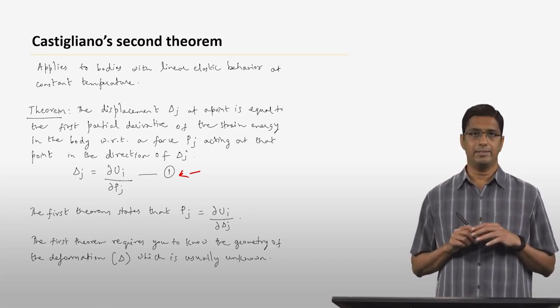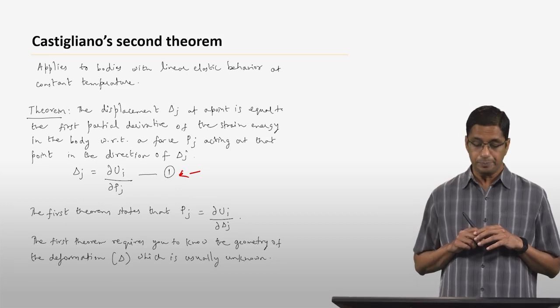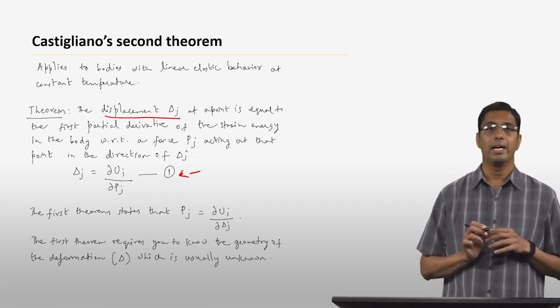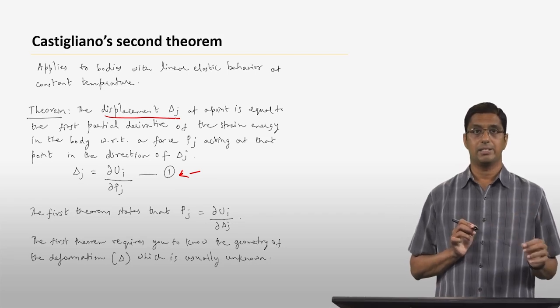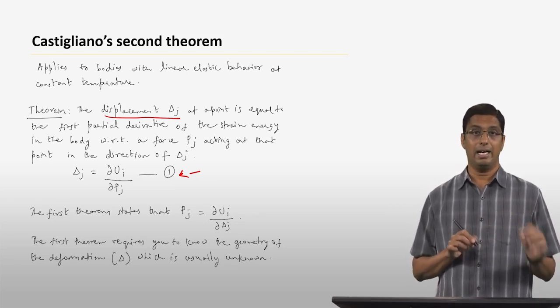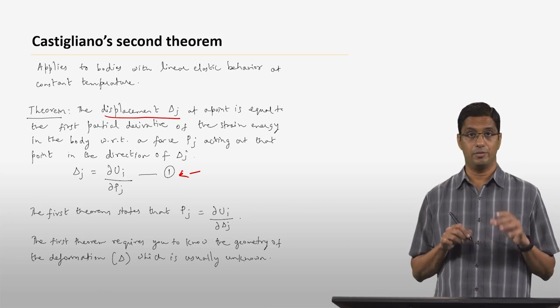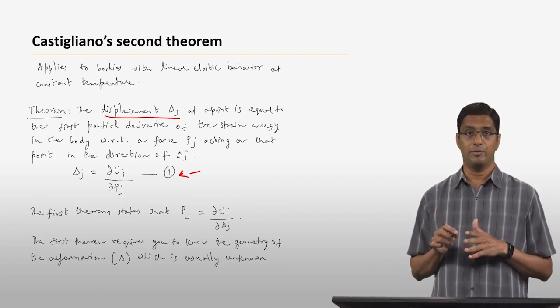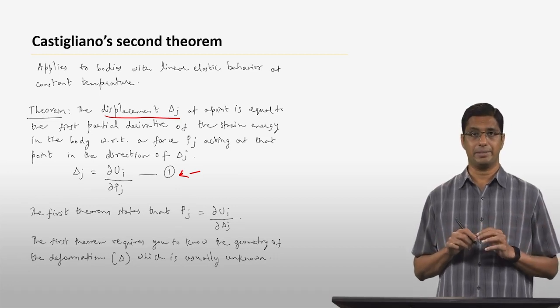Okay. The first thing that you have noticed is that the displacement delta J is in the same direction as the direction of the force Pj. Okay, so the delta J, the displacement, and the force have to be in the same direction.